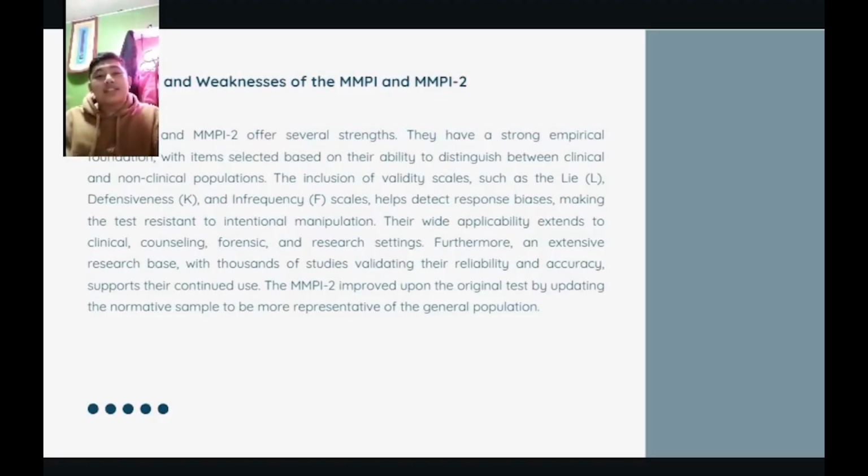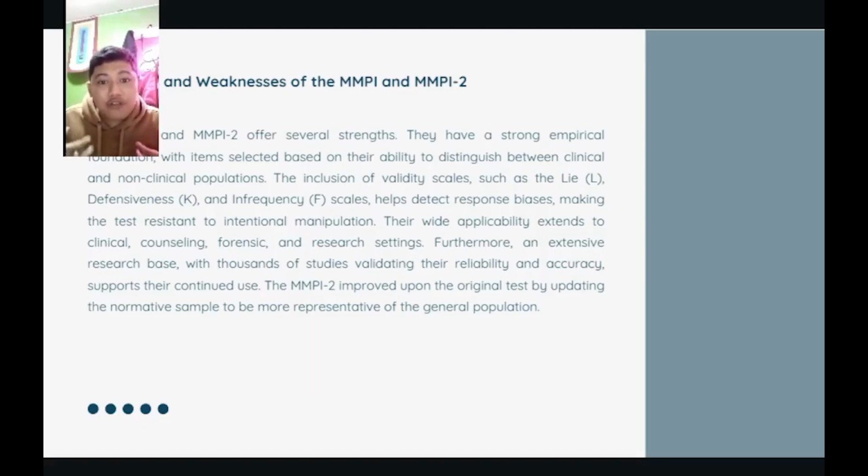Since we just tackled how they constructed the MMPI and the MMPI-2, let's discuss the strengths and weaknesses of it. The MMPI and the MMPI-2 offered several strengths. They have a strong empirical foundation, with items based on their ability to distinguish between clinical and non-clinical populations.